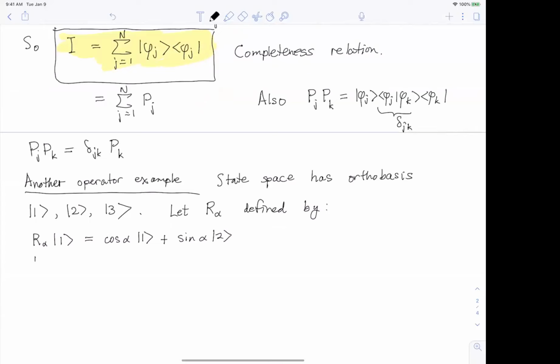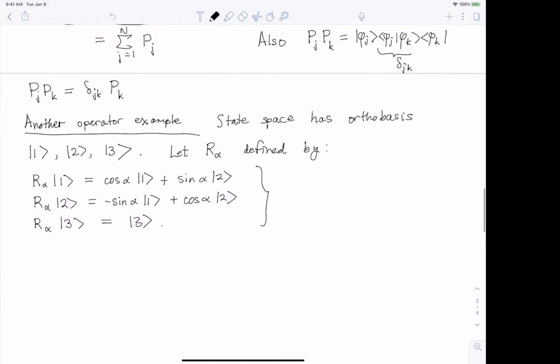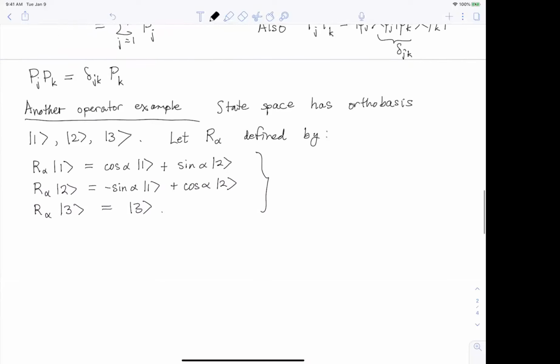R sub alpha on the orthobasis element 2 is going to be minus sine alpha 1 plus cosine alpha 2. And let me say that R sub alpha acting on 3 is just the ket 3 back again. Okay, so if I've told you all those things, then I've told you everything there is to know about R sub alpha.